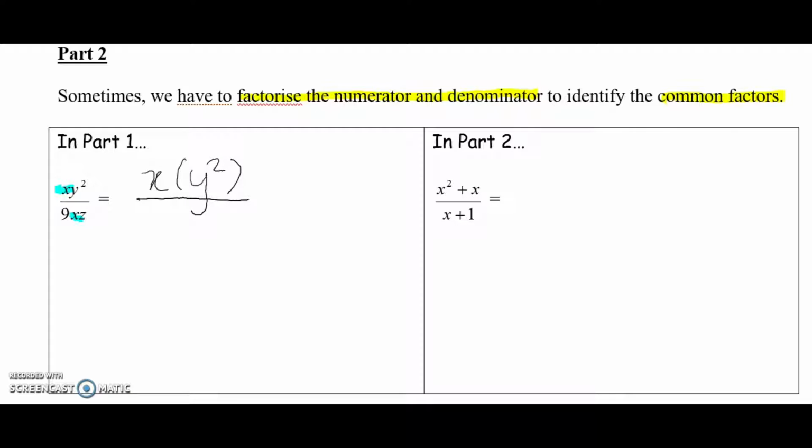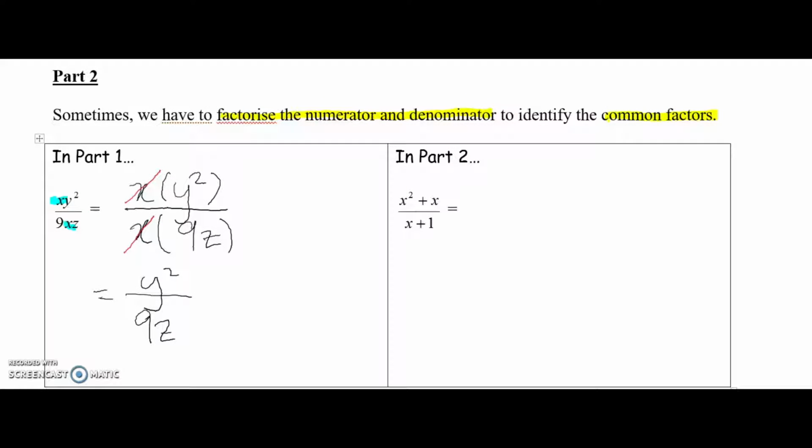Over, for the denominator, I will multiply x by 9z, which gives me the denominator 9xz. Then from here, I know that I can divide these common factors together. And therefore, the fraction will be simplified to y squared over 9z.